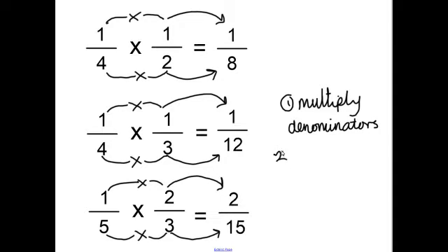So actually it's fairly straightforward, because when we're multiplying fractions together, we simply multiply the denominators together, which gives us our new denominator, and we multiply the numerators together to give us our new numerator. Out of all the operations that we do with fractions, multiplying two fractions together is probably the simplest one we do.